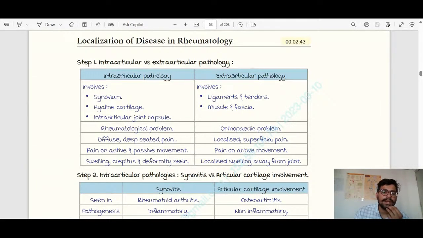First our priority is intra-articular versus extra-articular pathology. Intra-articular involves synovium, hyaline cartilage, and the joint capsule. It is a rheumatological problem: diffuse and deep-seated pain, pain on active and passive movement, swelling, crepitus, and deformity are seen.